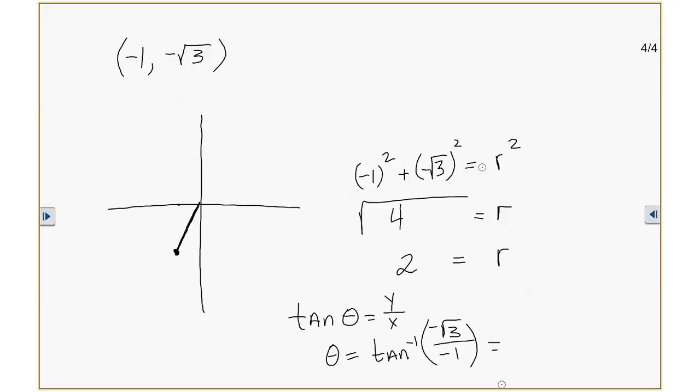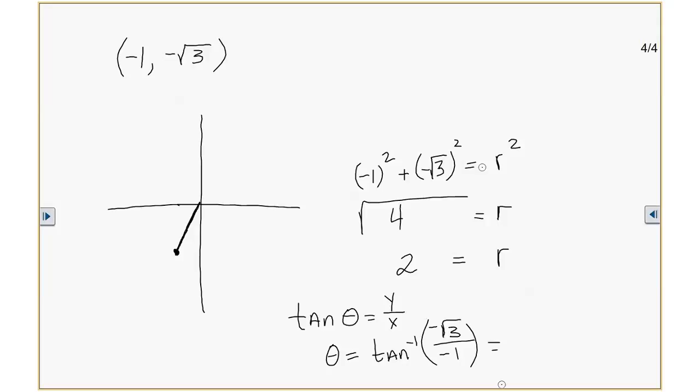Well, it'd be 60 degrees, it'd be negative 60 degrees, which would be what? 60 plus 180.